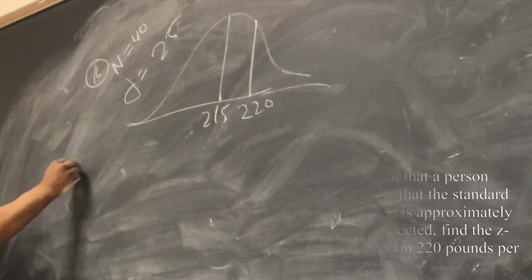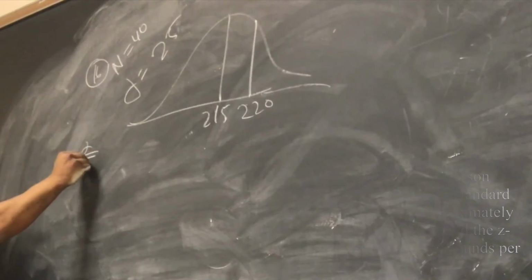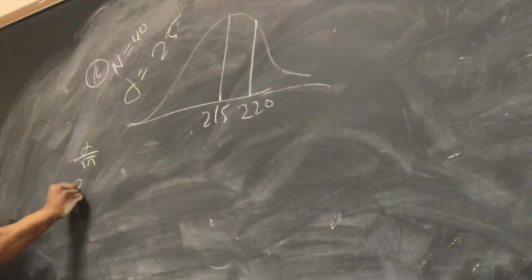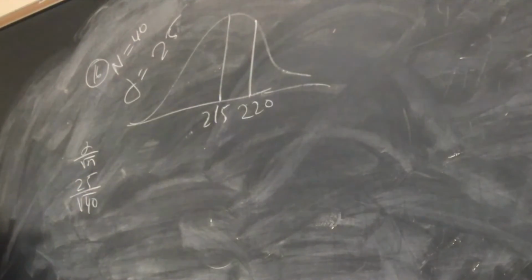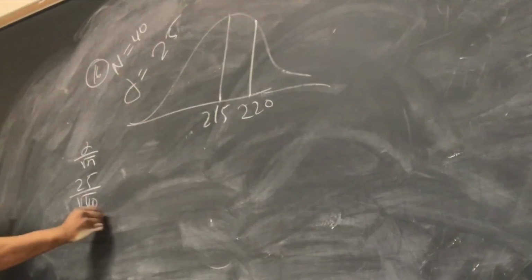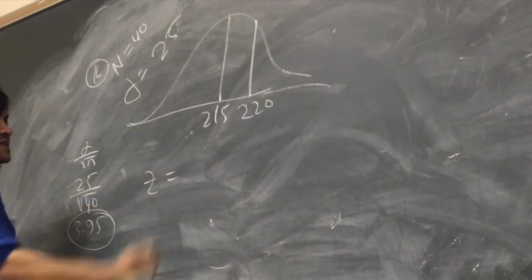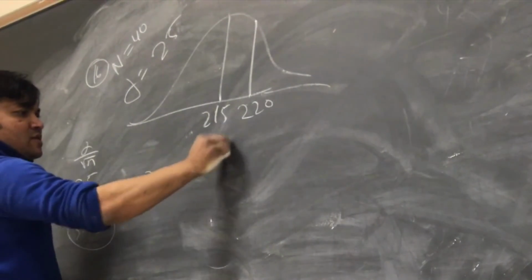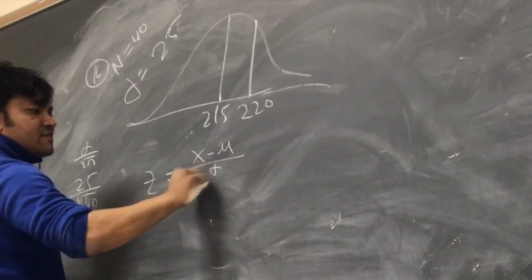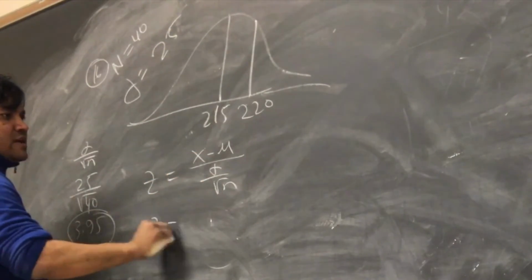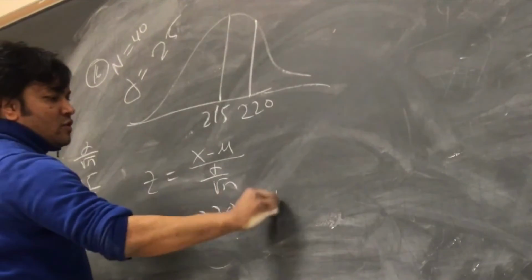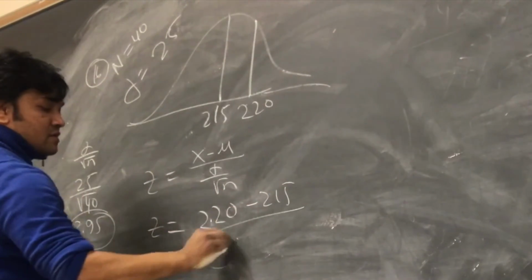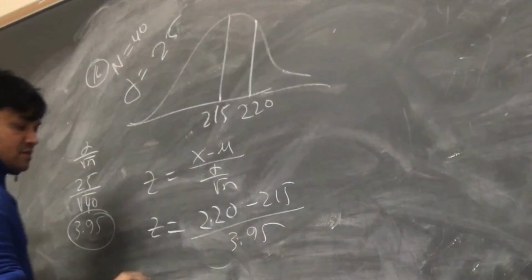First, we're going to find the standard error. So this is 25 divided by the square root of 40. That's 3.95. And then we write Z is equal to x minus mu over standard deviation over root n. So x is 220 minus 215 over 3.95.